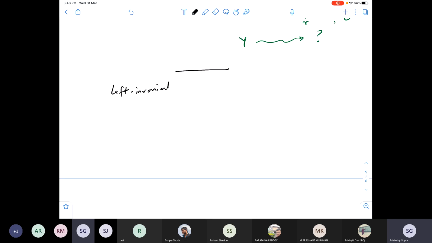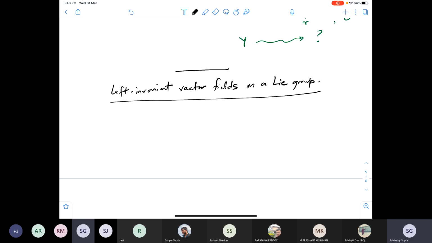So you have what I call left invariant vector fields on a Lie group. A Lie group is a manifold, and you can talk of vector fields on a Lie group, but you can also have some special vector fields which are left invariant. So what is that?